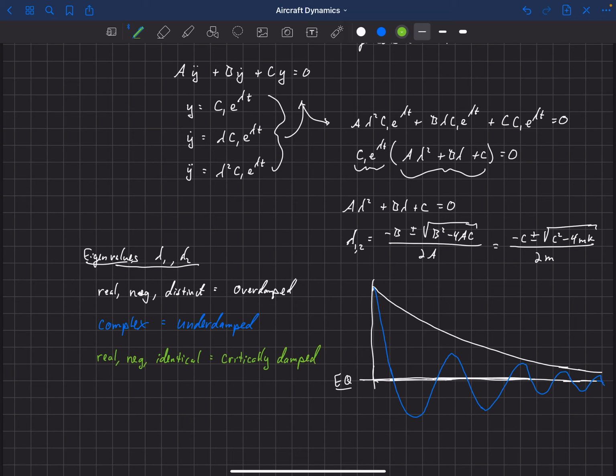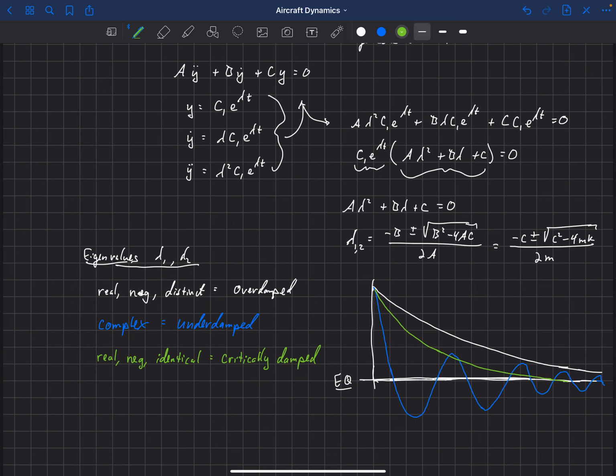Okay, and critically damped is an important case because it's the quickest path to return back to the equilibrium position without overshooting it. So it's kind of a barrier or a dividing line between being overdamped and underdamped. It's the quickest way I could return back to equilibrium without overshooting.